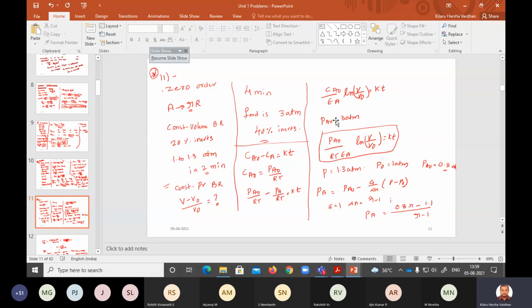If you do the derivation for a variable volume, this is what you get: Ca0 by epsilon A times ln V by V0 is kt. So Pa0 is 3 atmospheres, that is what he gave you. This is the expression in terms of variable volume: Pa0 by RT into ln V by V0 is kt.